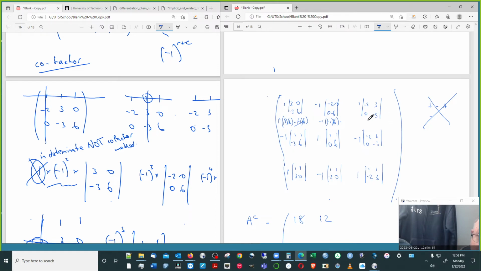Then we're going to have 1 outside of minus 2 times minus 3. Minus times a minus is a plus. That's 0 times 3, so that's gone. Minus times minus is a plus, so that's 6. Minus 1 outside of 1 times 6 minus 3 times 1. So we get minus 3, so it'll be plus, so 9, minus 9 overall.